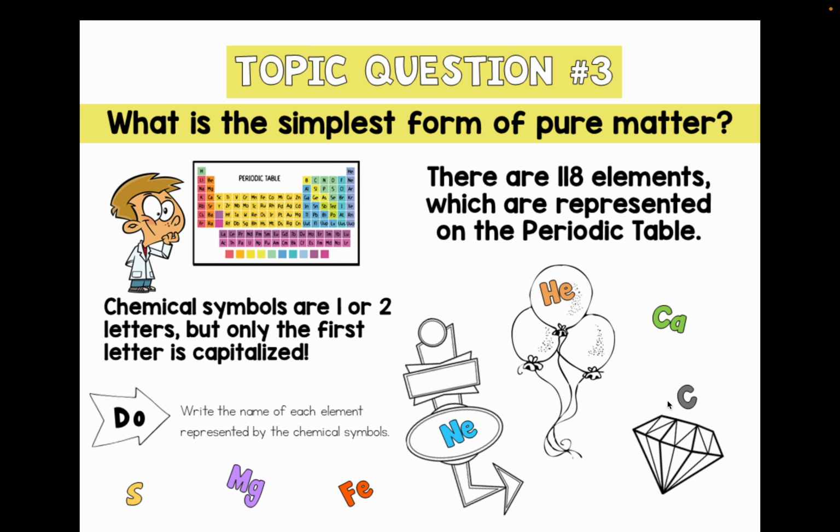So you can see over here, we've got the capital letter C, that stands for carbon. But then up here, we've got the capital letter C followed by lowercase a, that's calcium. So we either have 1 letter or 2 letters, but only the first letter is capitalized. Again, we'll do our do activity together in class.